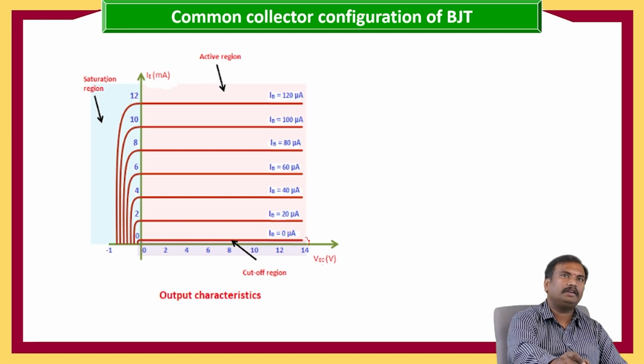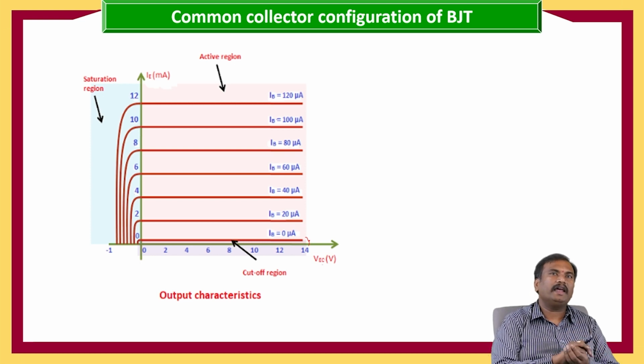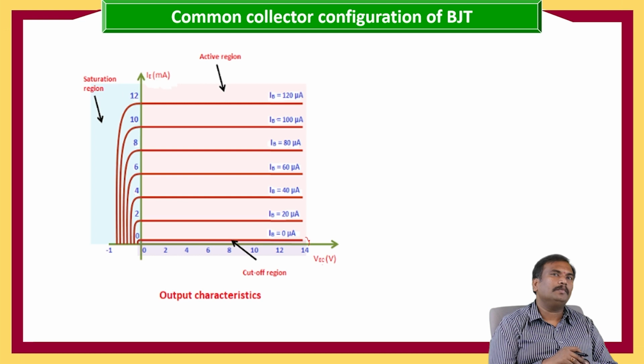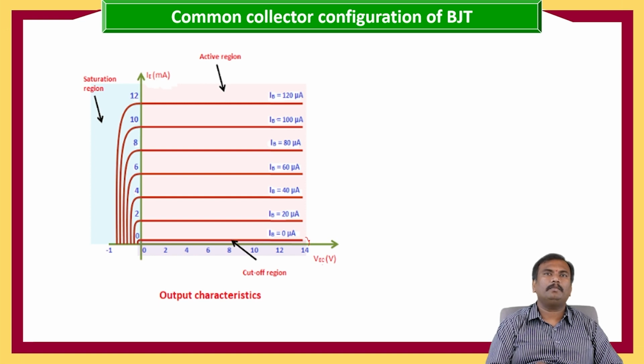And this region is called the saturation region. That means the transistor will go into saturation mode in this particular region. That's why this region is called saturation region.